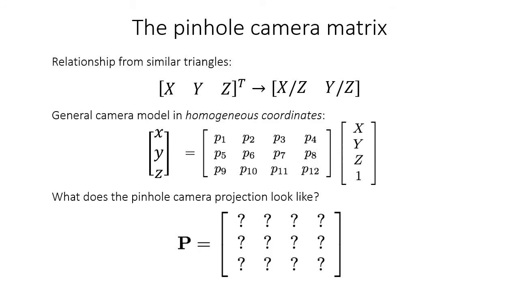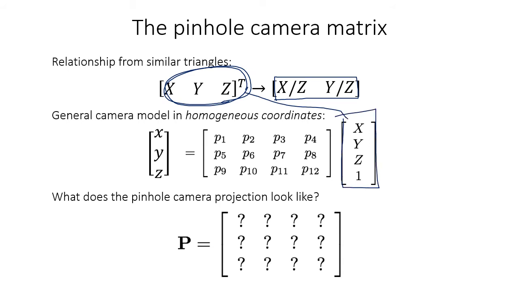From the derivation, we know that this 3D point is mapped to this 2D point, and by applying homogeneous coordinates, this xyz 3D point becomes this 4x1 matrix xyz1, and we can rewrite this x over g and y over g into homogeneous coordinates as shown here, x, y, g.